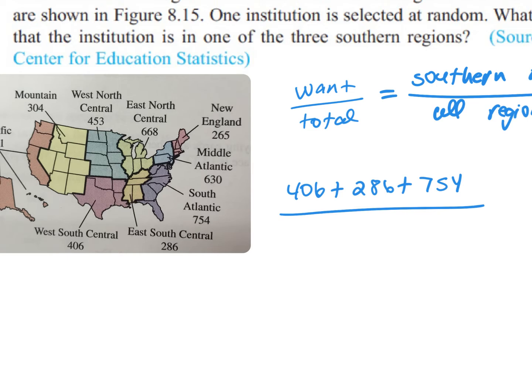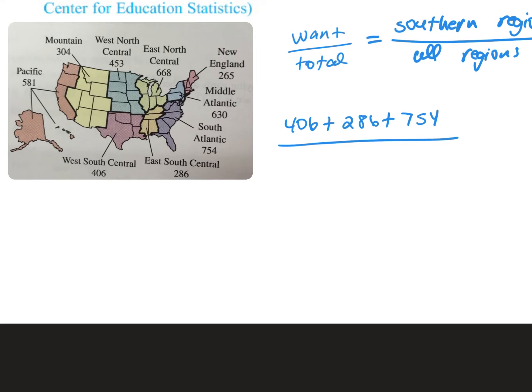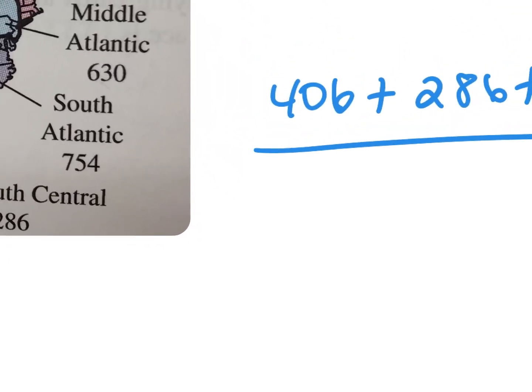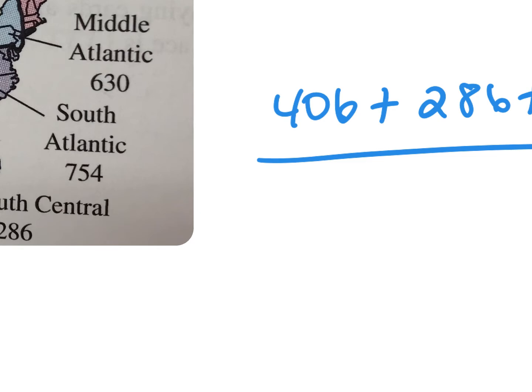And then how do you think we figure out what the bottom is? You add up all of them. Okay, so let's just make sure we add them all up. Can you guys see this? Tell me, go all the way around. Start with the Pacific. Okay, so I'll do it myself. 581. Then what? 304. 453. Just make sure I don't miss any.